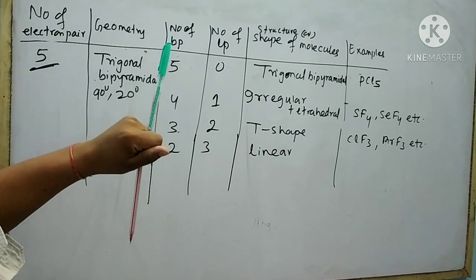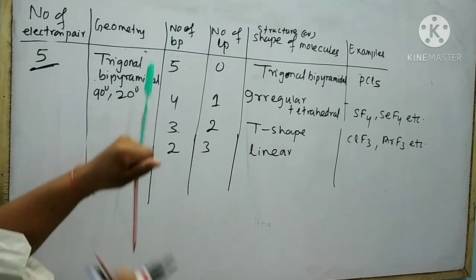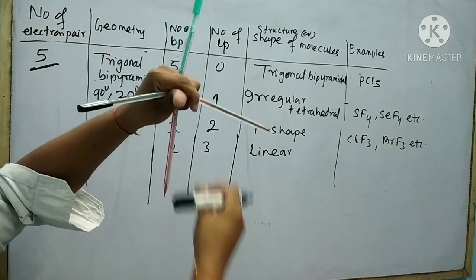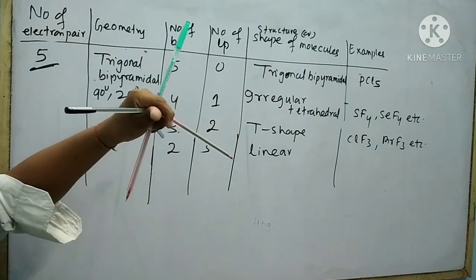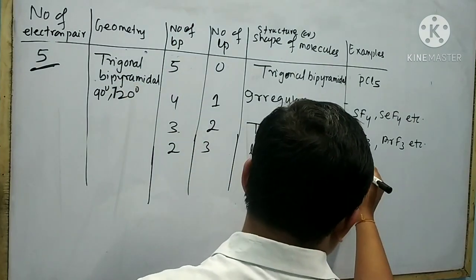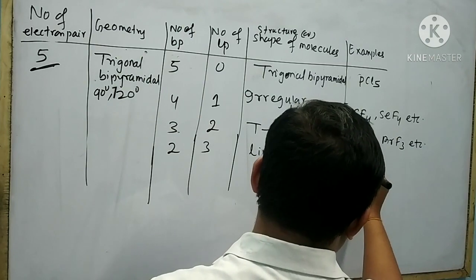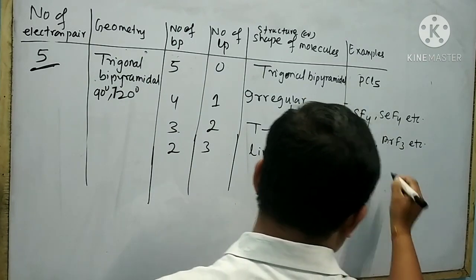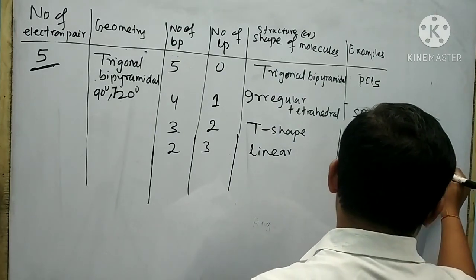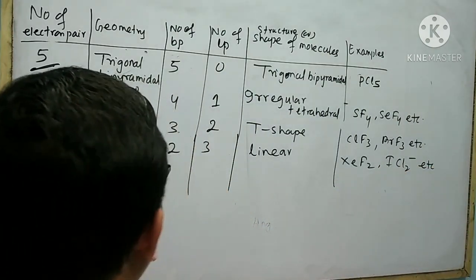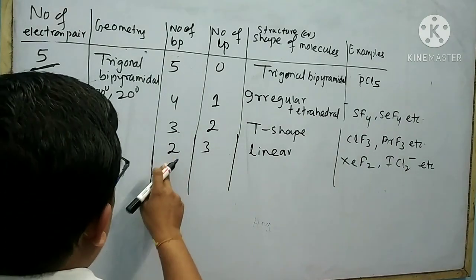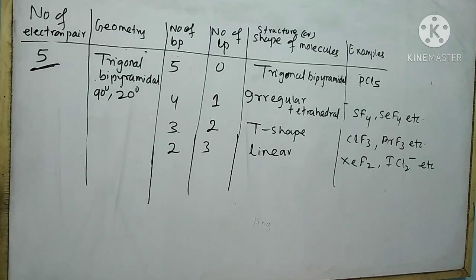So the shape of the molecule is linear. But when 3 lone pairs are present like this, then the geometry is said to be trigonal bipyramidal. The examples of linear shape molecule are XeF2, ICl2-, etc. These are the examples of linear shape molecules in which there are 2 bond pairs and 3 lone pairs.